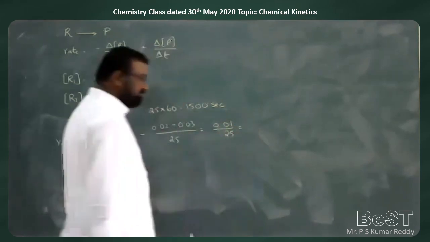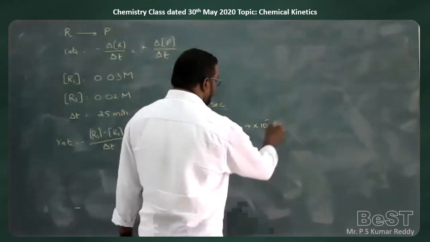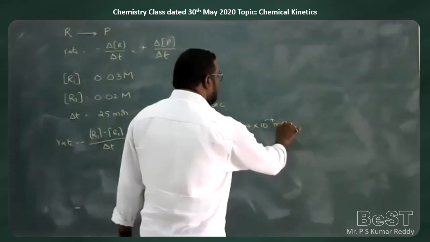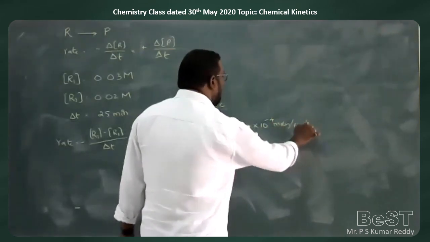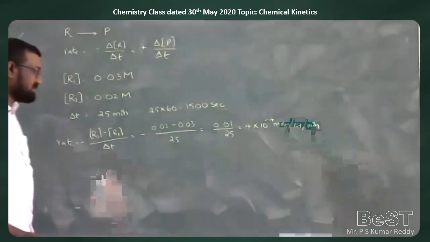How much? 4 into 10 to the power of minus 4 moles per liter per minute, because here we are taking it as 25 minutes.